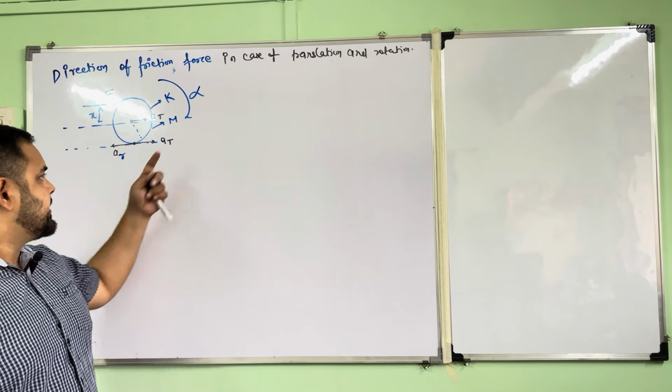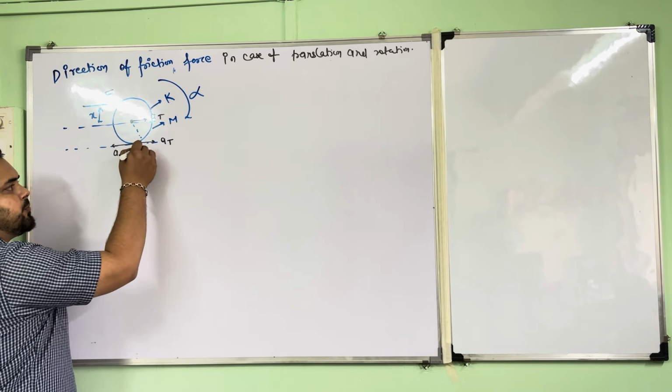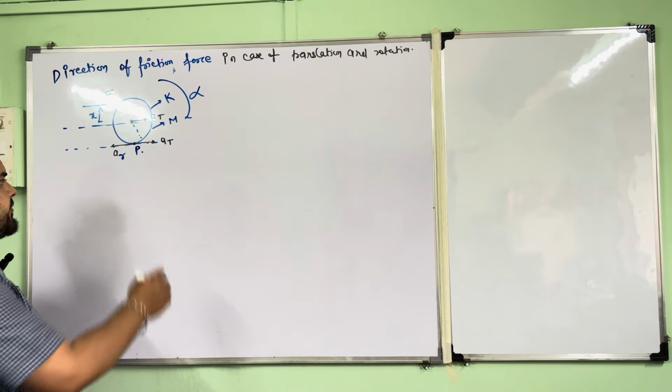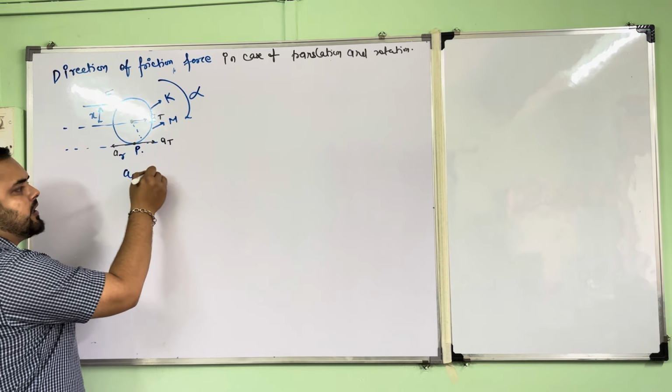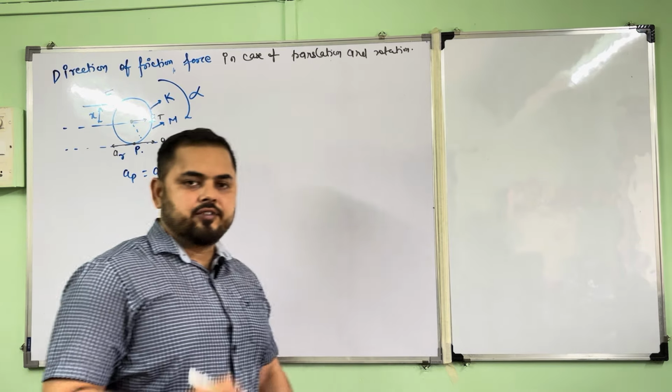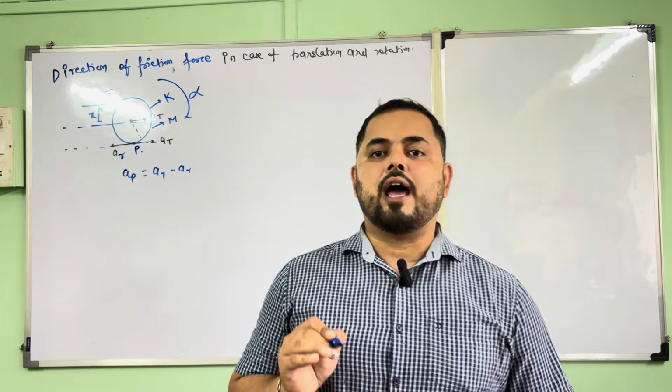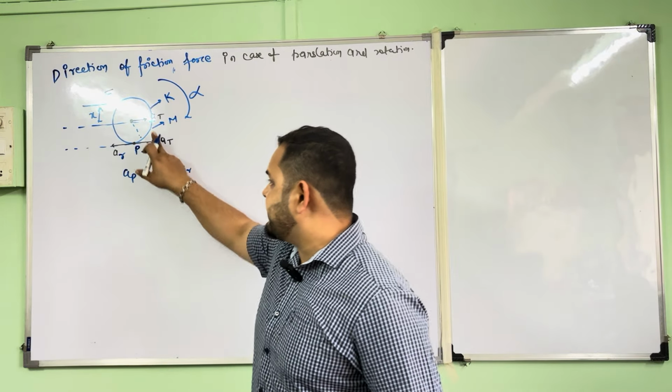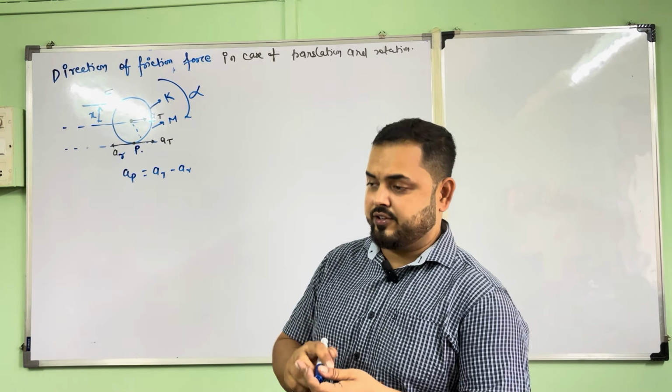So let us assume this point as P. Then we can say the acceleration of P equals AT minus AR. Very simple. That is, the acceleration of the point P is the translational acceleration minus the rotational acceleration.